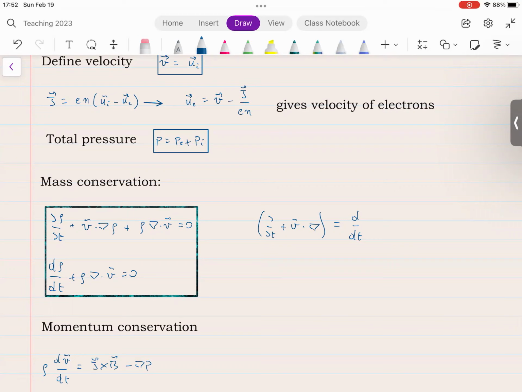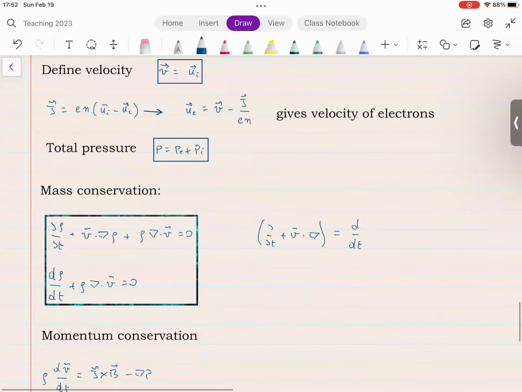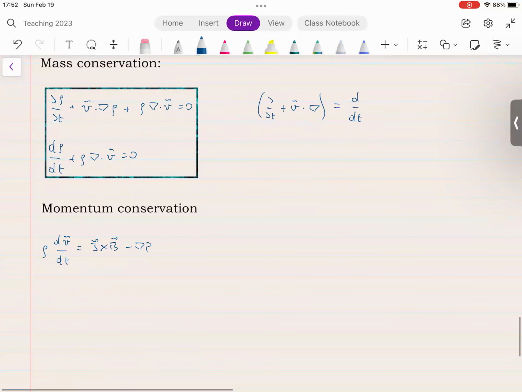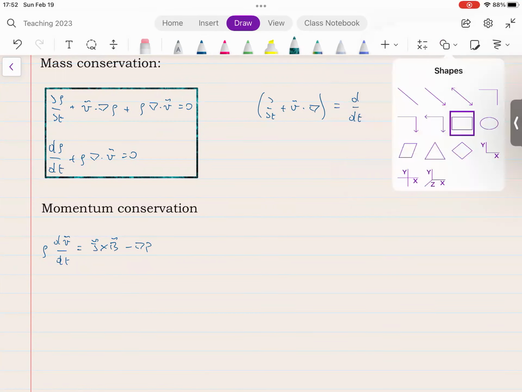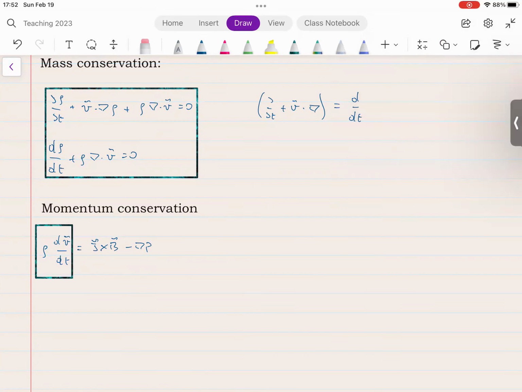They both multiply the magnetic field, and you have an E times N in front. Remember again, N_i is equal to N_e. That just gives you the current. And that is all you have for the momentum equation, this expression here.